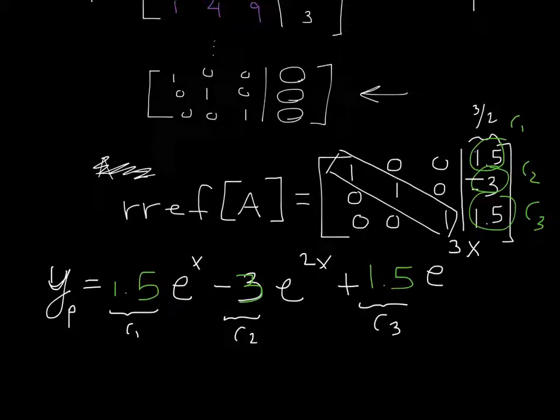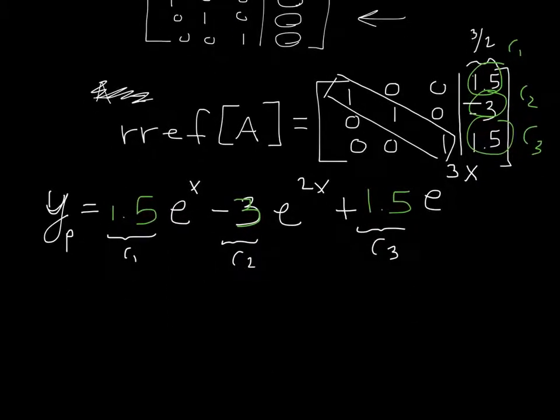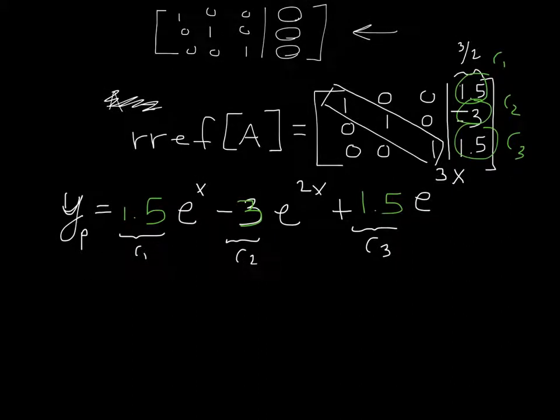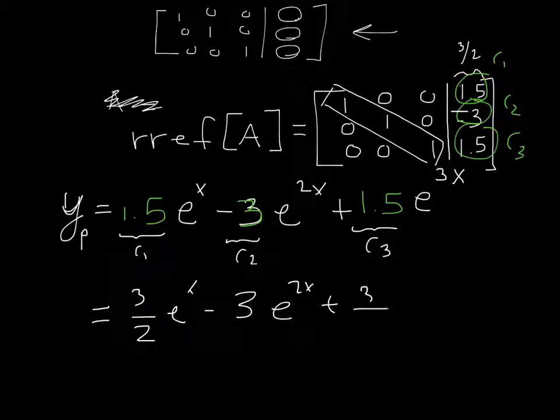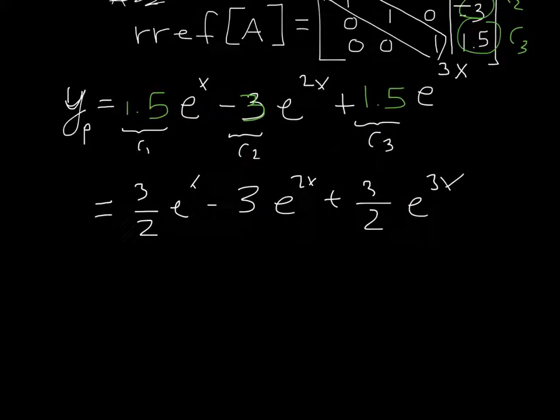And actually, I'm going to go ahead and change this to fractions, just because if your solution in the back of the book is different, it's because they simplified a little bit. So if I write this as 3 halves e to the x minus 3 e to the 2x plus 3 halves e to the 3x. Again, I'm just simplifying.